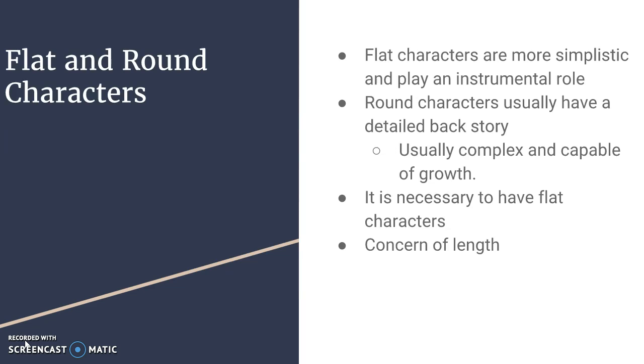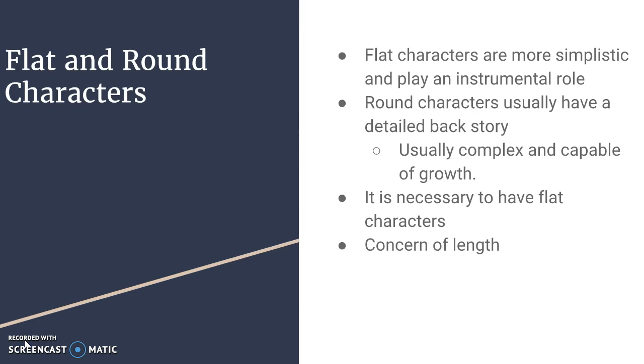Flat characters are more simplistic and play an instrumental role in influencing the round characters or the protagonists. The second-hand man or best friend could sometimes be a flat character or a round character, but it basically serves the same purpose as a flat character, where it plays a vital role in the round character's growth.